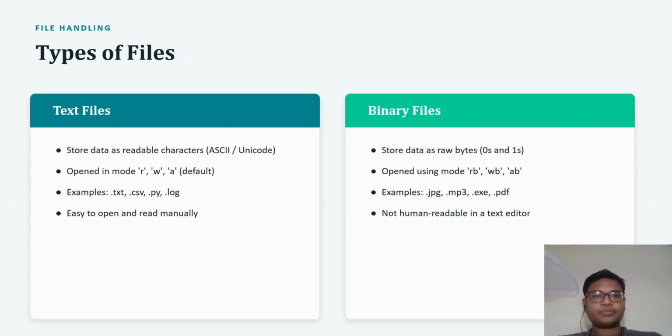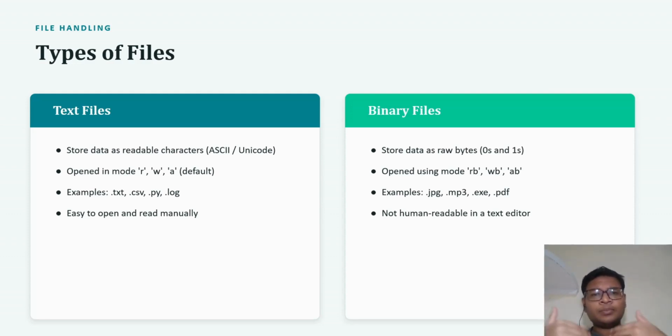Now, when we talk about the types of files, we have two types: first is the text file, and second is the binary file. A text file stores data as readable characters like ASCII or Unicode. It is opened in modes r, w, a, with text as the default.